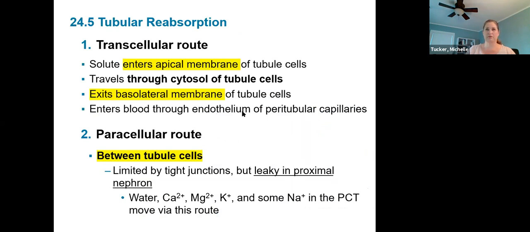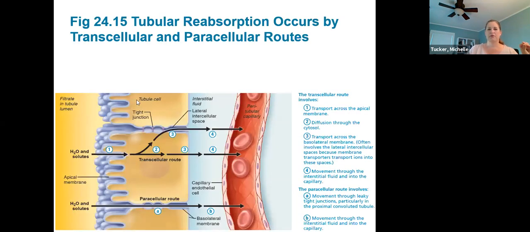We're going to talk about which solutes get absorbed where and how they get transported. For the proximal convoluted tubule, the PCT reabsorbs 100% of glucose and amino acids.